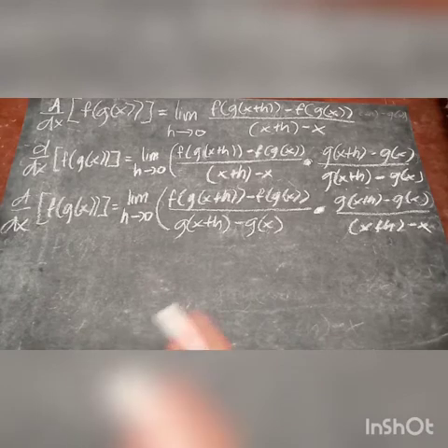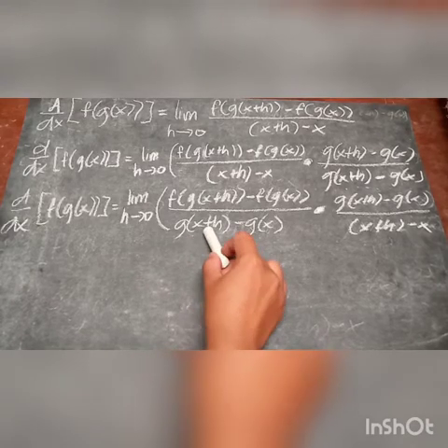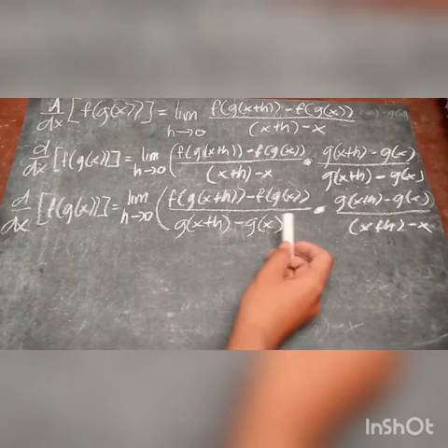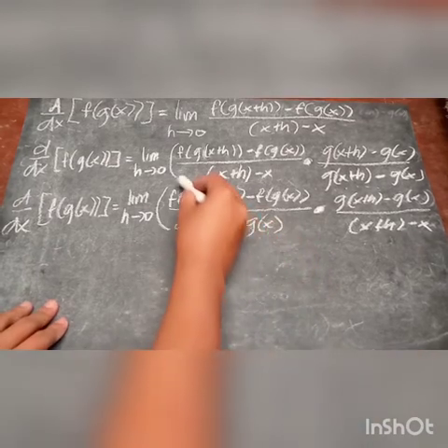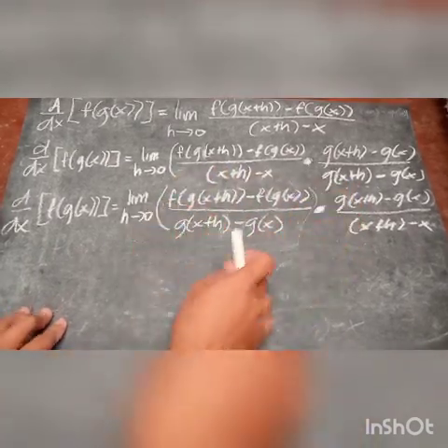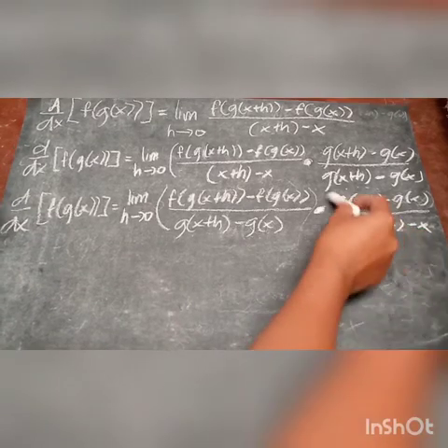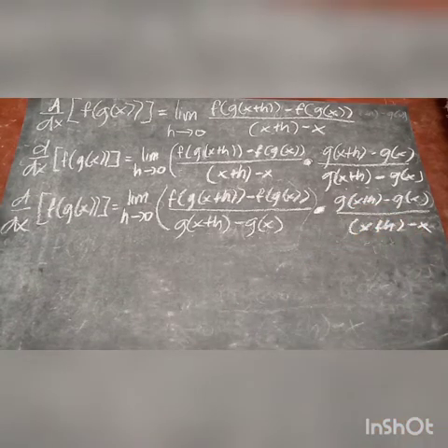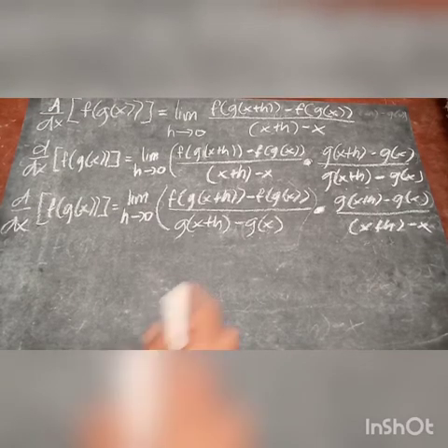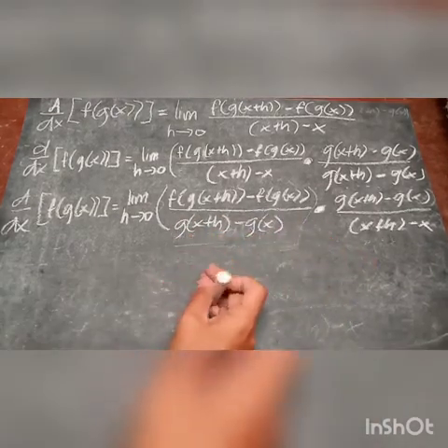So now g of x plus h minus g of x is already the denominator of our first fraction, and x plus h minus x is the denominator of our second fraction. This would be now the product of two limits.